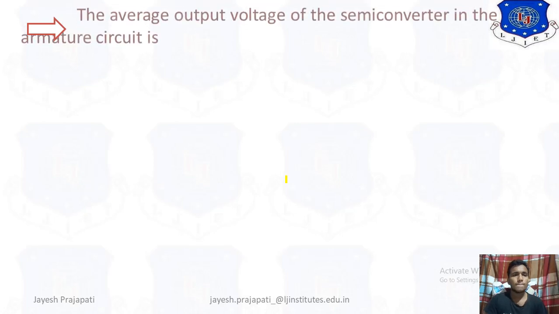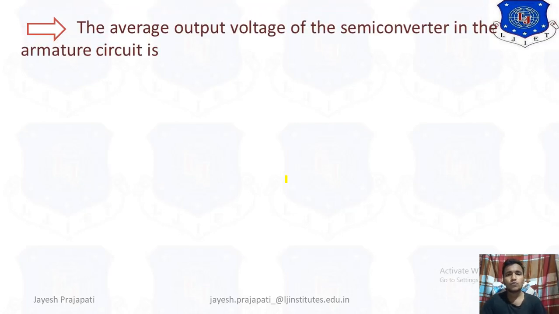Now the average output voltage of the semi converter in the armature circuit is EA is equal to EB plus IA RA. We know that the armature voltage EA is equal to EB plus IA RA, and the back EMF is the induced EMF.